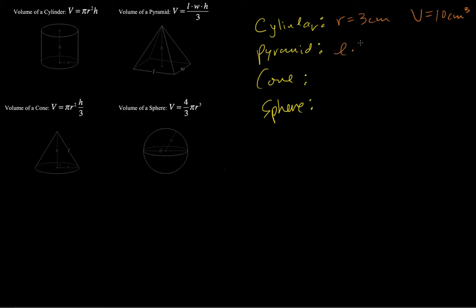We know the length is 2, width is 3, and the volume is 1 centimeter cubed. Then we're also going to do a cone. So the radius is equal to 3 centimeters, and the volume is equal to 10 meters cubed. These are both meters, sorry. 3 meters and 10 meters cubed. We don't have a sphere in this case, so let's just get rid of that.